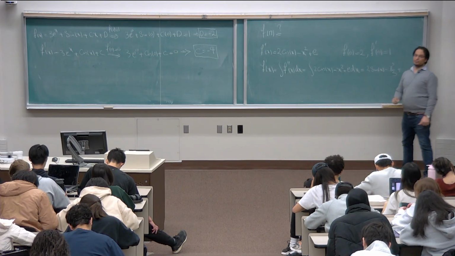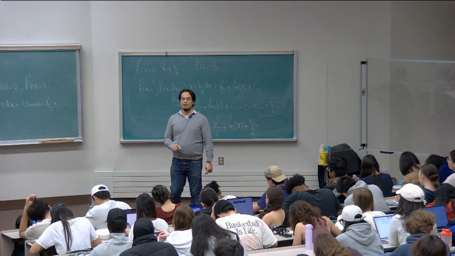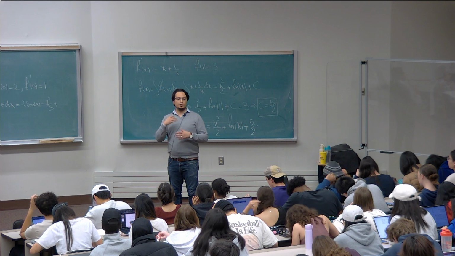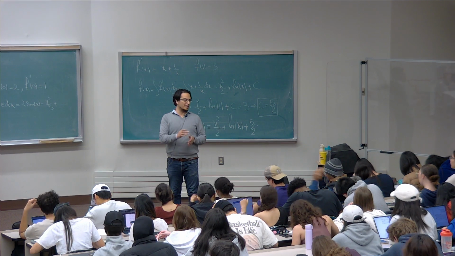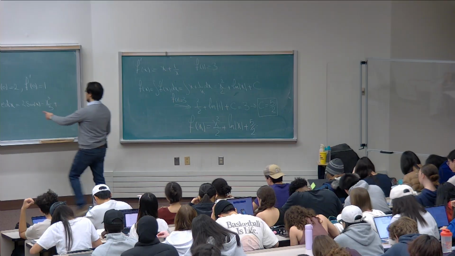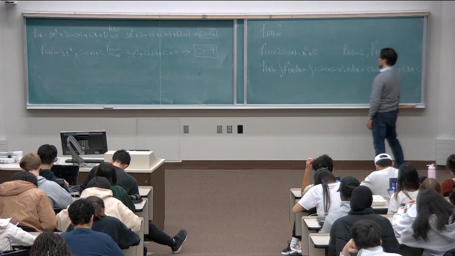What about the antiderivative of e? Like the antiderivative of 2 is 2x, the antiderivative of 10 is 10x, the antiderivative of e is e times x, and then plus a constant.